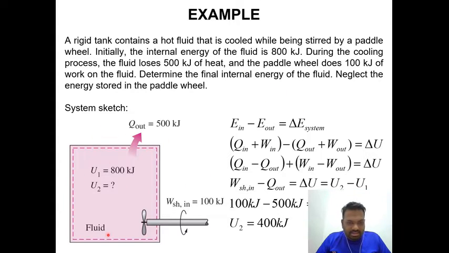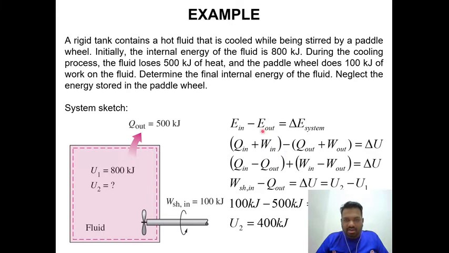This is the sketch. Normally, when the question is given, I encourage you to draw the system sketch first so that you won't miss out important points. U1 equals 800 kilojoule. U2: they ask you to find the final internal energy. The information given: Q out equals 500 kilojoule, and work shaft in equals 100 kilojoule.